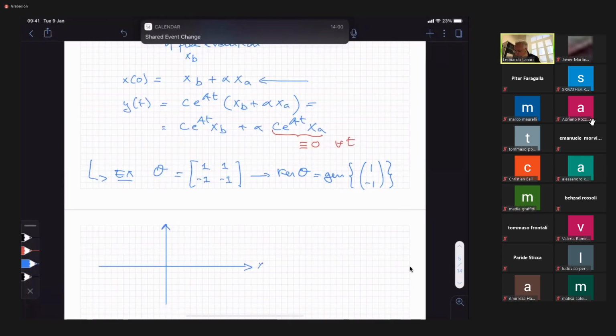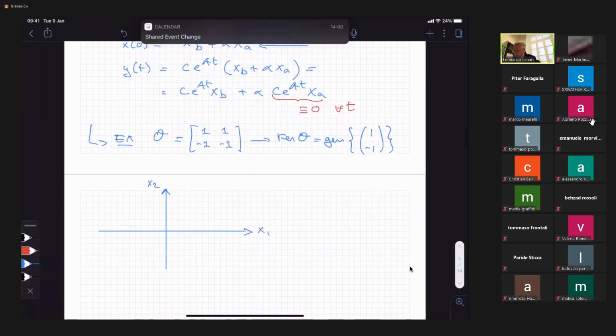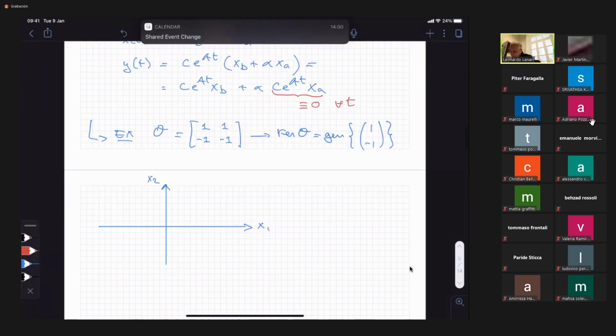X1, X2, this is the whole state space. We can graphically represent the null space.